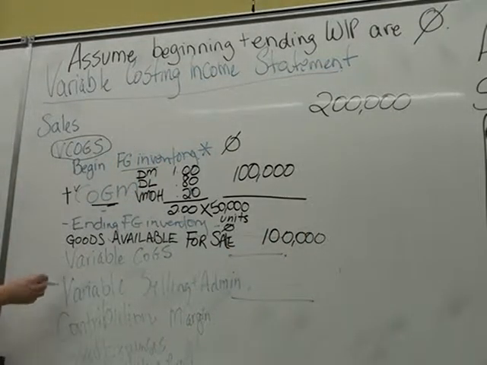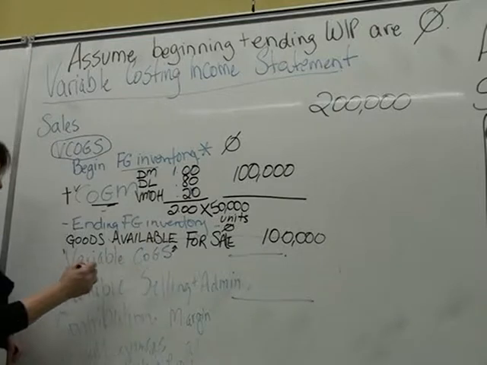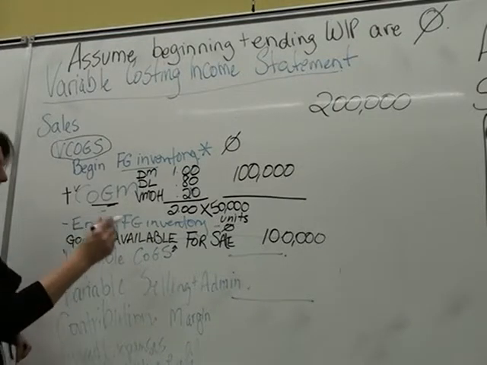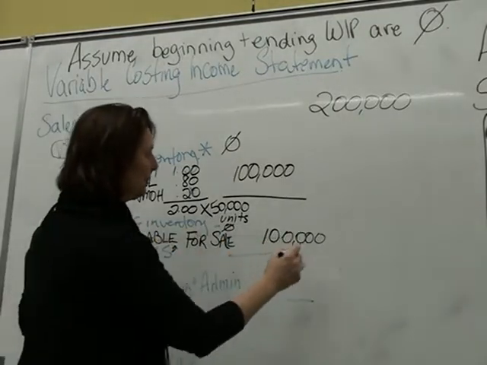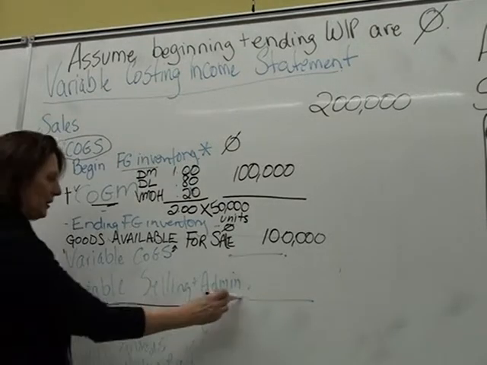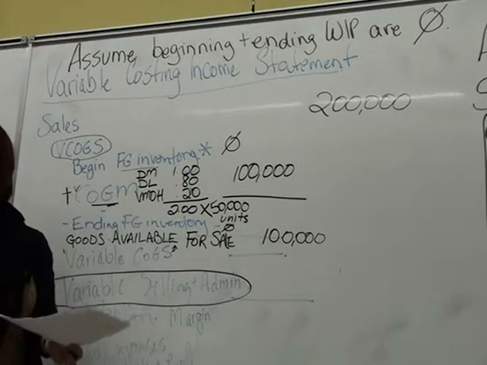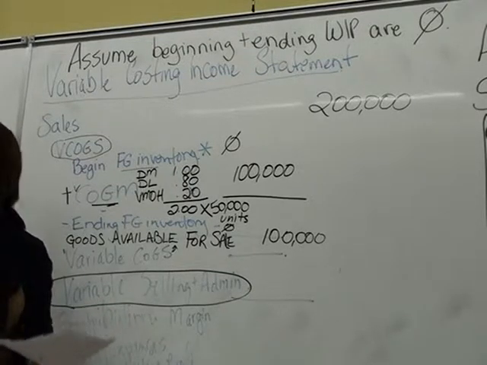Which is basically the same as this, right? So then, we're going to take our variable selling and admin, because we still need to get to our contribution margin. That's what we get to.